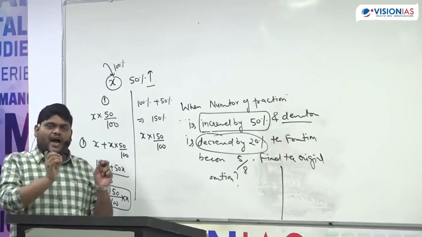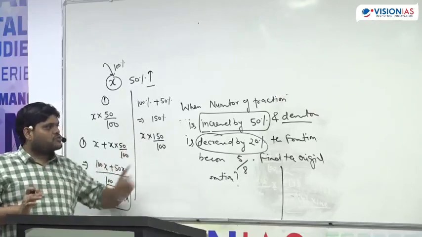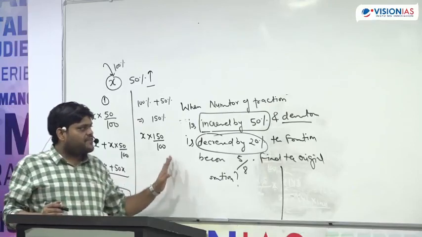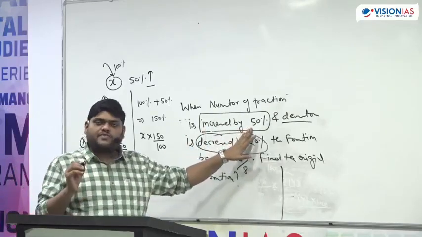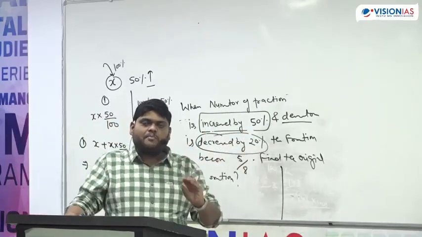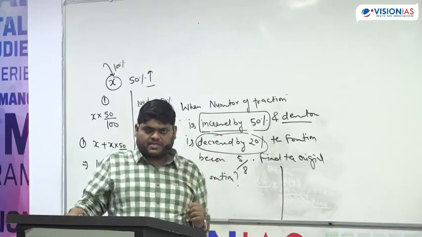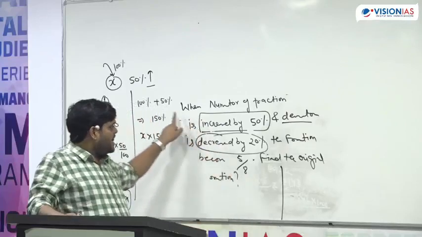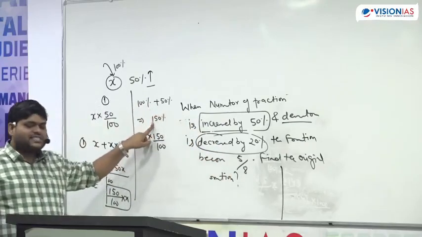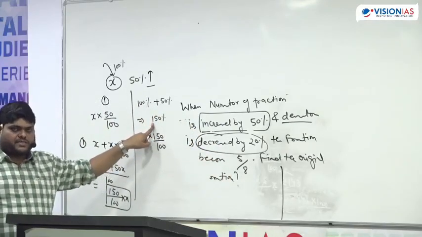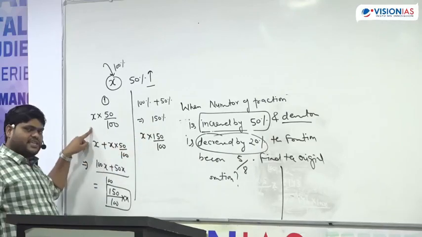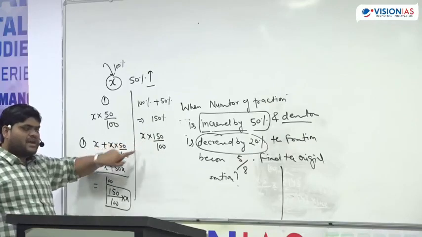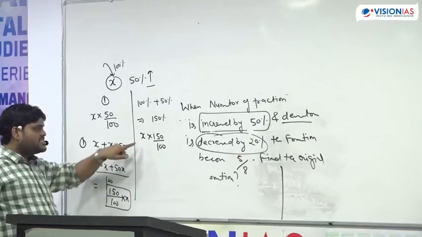Go and revise and find out how to solve. Again, whenever you increase a number by 50%, the number becomes 150%. Increase means the number was 100%, and an increase of 50% means the number becomes 150%. Either you can do it this way or directly this way. You will get the same answer.